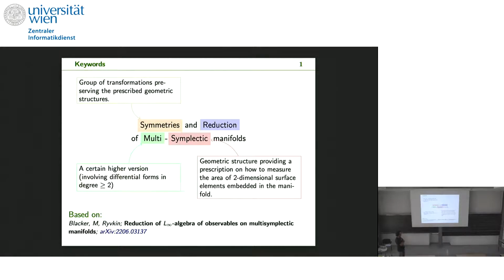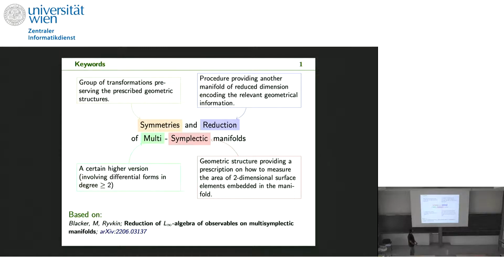So in this case, the multisymplectic structure. And what we mean by reduction is a procedure providing another manifold of reduced dimension, encoding the relevant geometric structure out of the given symmetries and the multisymplectic structure that you are starting on.